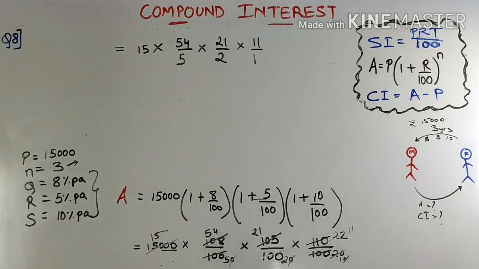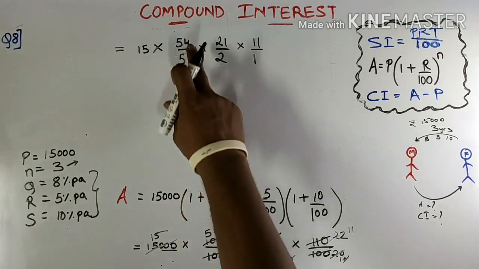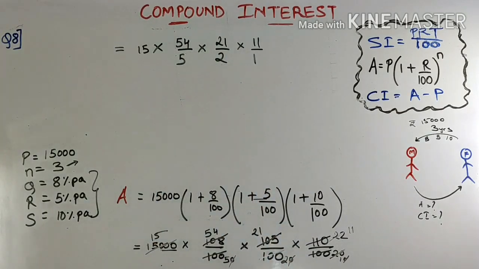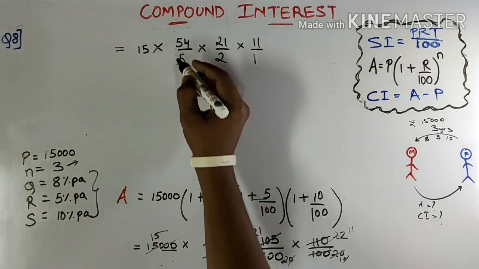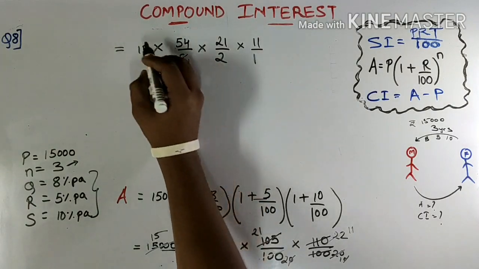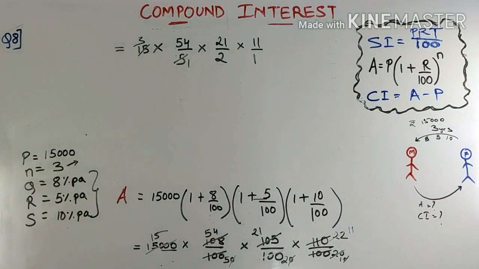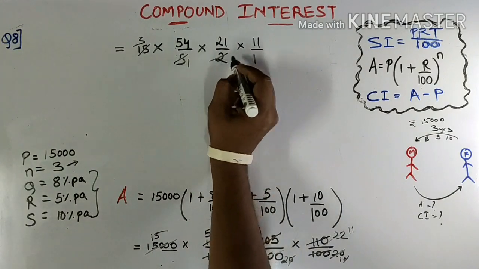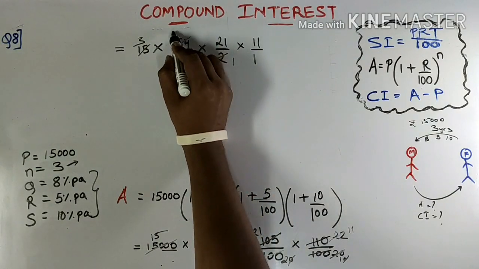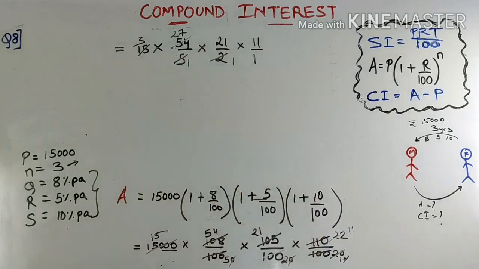Now still, if I look at the expression, I can simplify it further, because multiplying and dividing this will be a terrible calculation. So I still reduce this. 5 1s are 5, 5 3s are 15, 2 1s are 2 and 2 27s are 54.